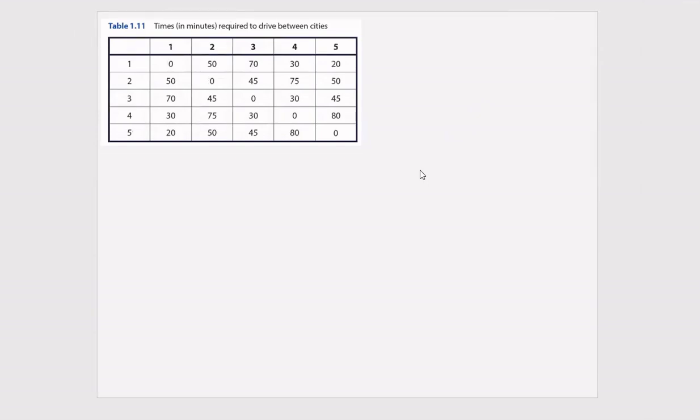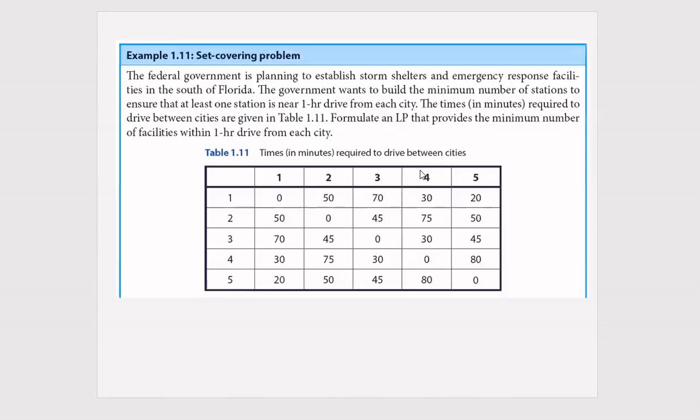Decision variable includes the solution. So if you were to give a solution for this problem, a hypothetical, a random solution, what would it be? What is the problem asking for? What is the formula, the LP that provides the minimum number of facilities?